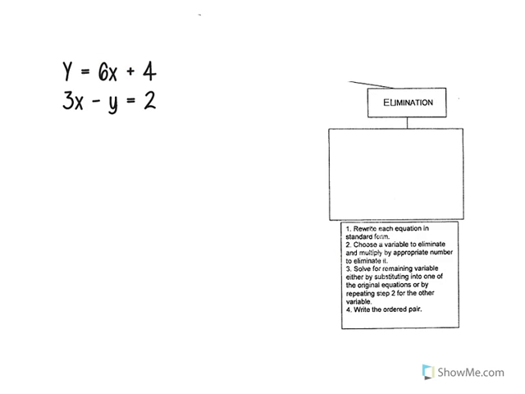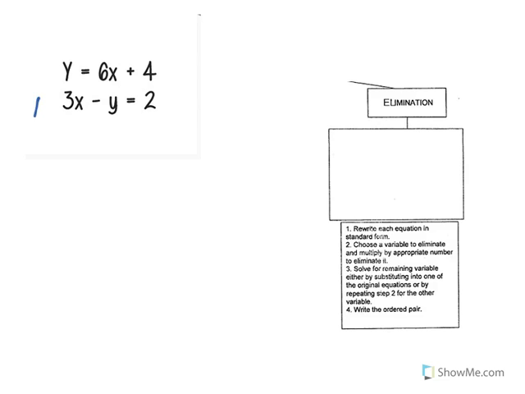Another way I taught y'all to solve systems is by elimination. So I can use this method to solve my system. And in order to eliminate, I have to rewrite each equation to standard form.